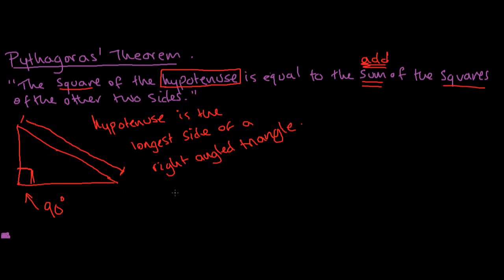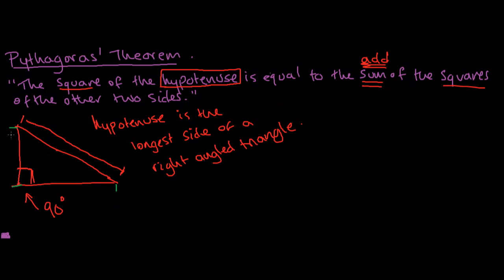You decide which way. Now then, just to bring our attention back to this, what this is saying is that if you know 2 of the lengths on the triangle, then you can calculate the length of the other side according to this rule, according to this law of right-angled triangles.